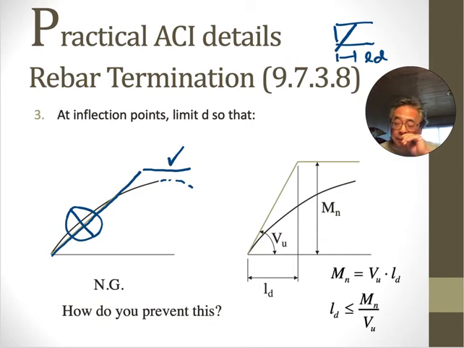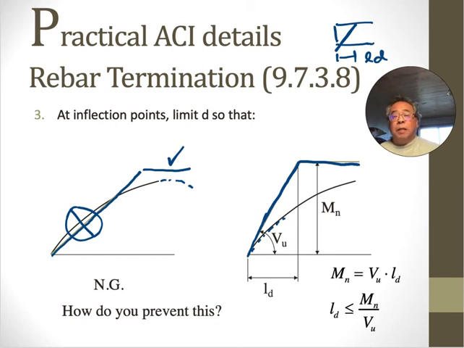So how do you prevent that from happening? It has to be tangent right here. Does that make sense? If it's tangent right at the start, because this curve is bending over, it'll always be outside. And so what we need is the slope of this capacity diagram to be steeper than the slope of the moment diagram.